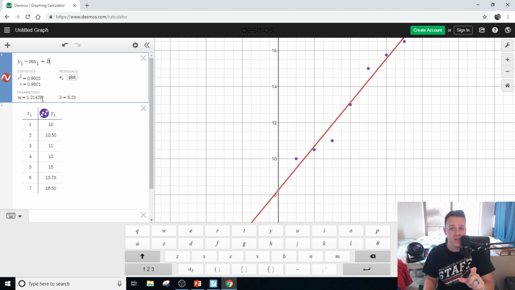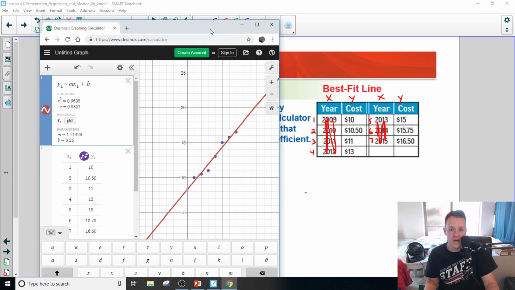In the past, I've had you pick 2 points, find the slope, and then put the point and the slope into the point slope formula, y equals m(x minus x1) plus y1, and then simplify. Guess what? It's all given here for you. The slope of this equation is 1.21 and my y-intercept is 8.25.